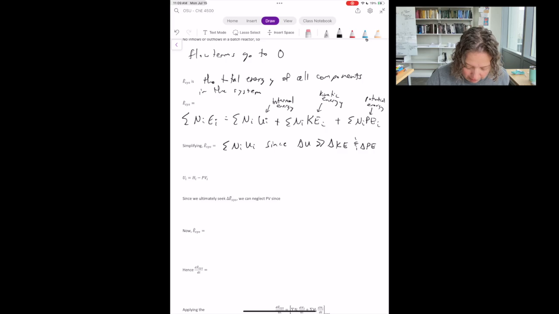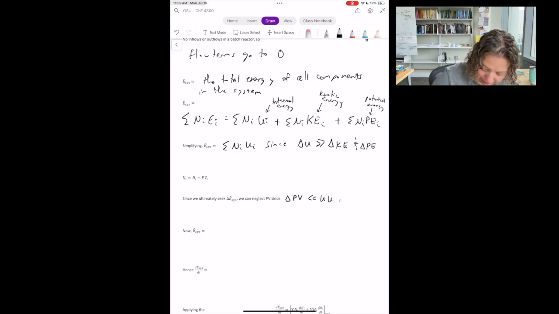Since we ultimately seek a delta E-sys, so the change in energy over the course of time, which is due to a reaction, we're looking at a delta E or a delta U. We can neglect the pressure volume term, since it's also going to be a lot smaller for the system than the change in internal energy. So we'll say delta PV is also going to be much smaller than delta U.